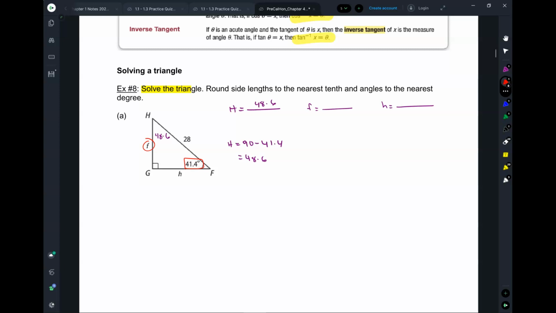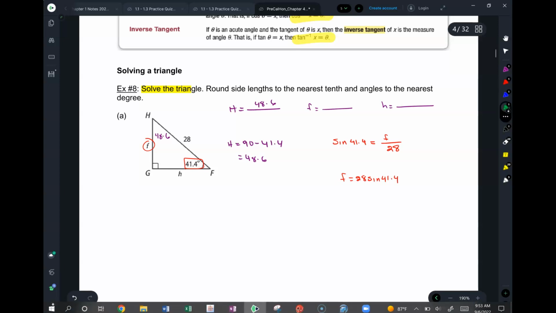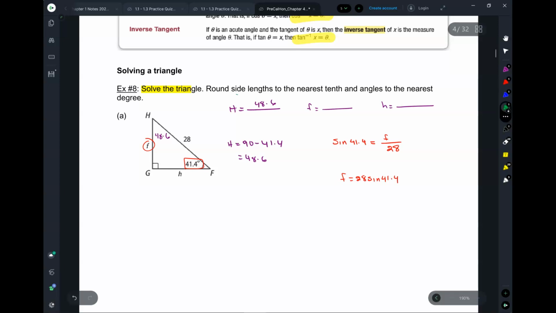So I will write sine of this angle is equal to F over 28. Right, so F is 28 sine 41.4. And let's look in the problem here. It says to round side lengths to the nearest tenth and angles to the nearest degree. So this angle should have been 49 degrees.